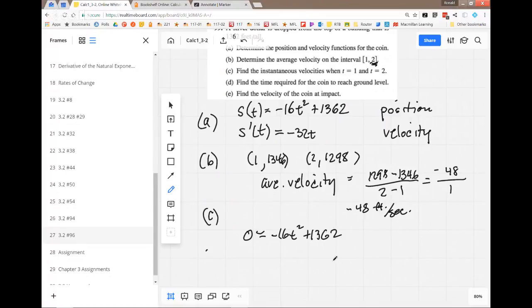I mean, in this case, we actually don't need the quadratic, because we could use the quadratic, but we could just subtract 1362 from both sides. And then we could divide both sides by negative 16.